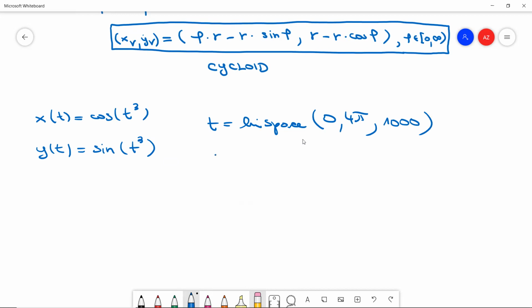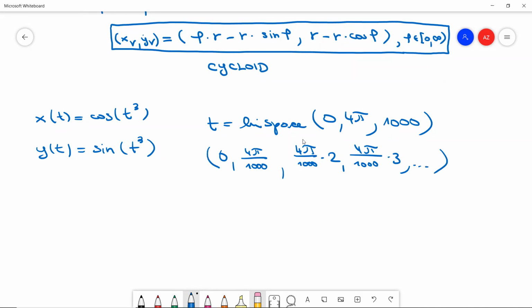So the first point is 0, then 4 pi over 1000, and then 4 pi over 1000 times 2, and then 4 pi over 1000 times 3, and so on.